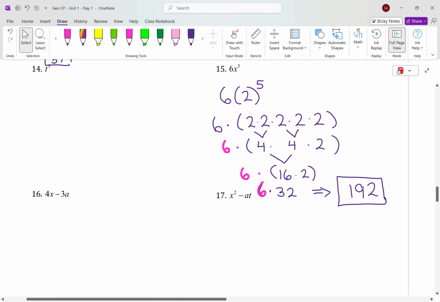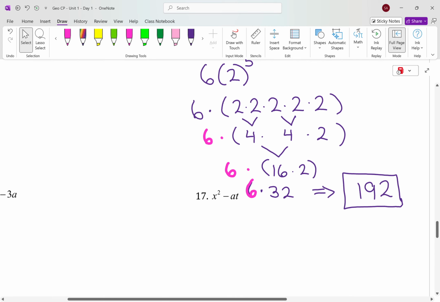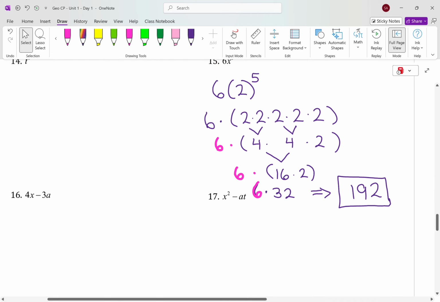I want you guys to try number 17 on your own. And then once you're done, I want you to zoom in on your Chromebooks and hold it up for me to check.